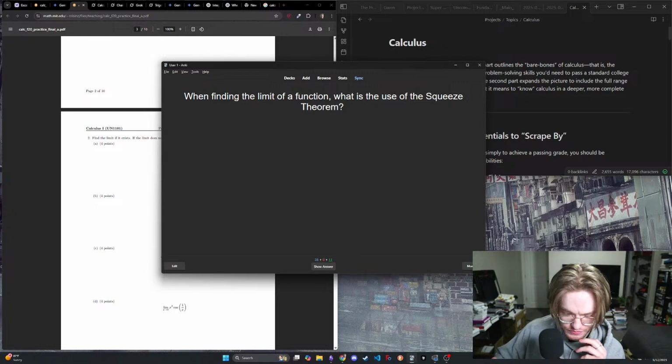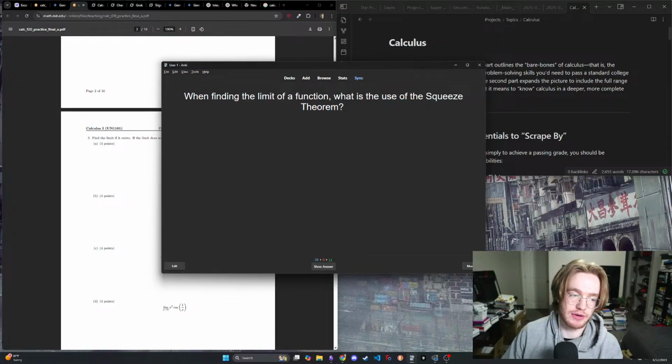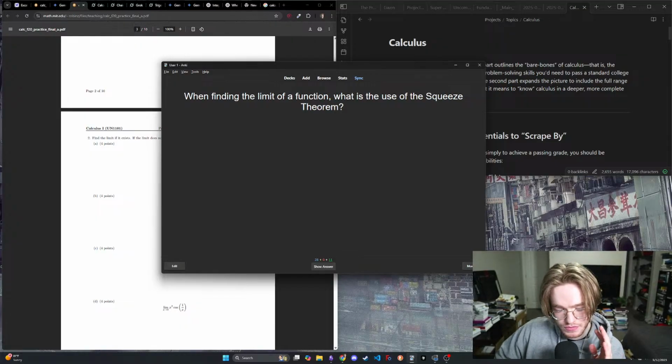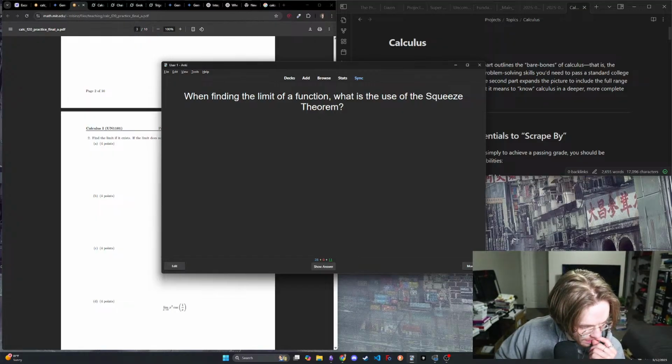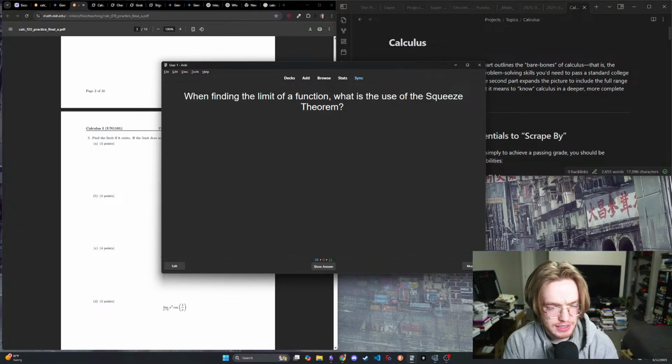Okay, I recall. If you have a portion or a component of the function that is oscillating, okay. I know I have a question that nails this point quite well, but this one isn't it.